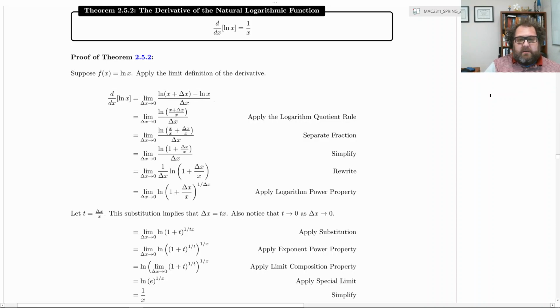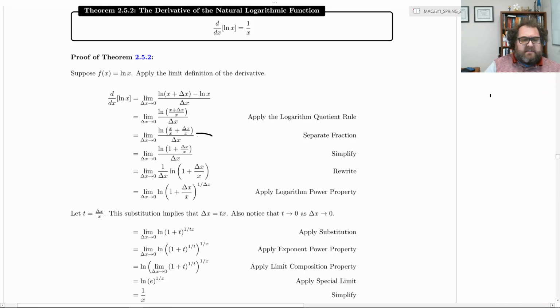Okay. Now, what's up next? We apply the logarithm quotient rule, the quotient property. This is what I was just referring to. This property says if you have the difference of two logarithms, same base of course, you can condense that into a single logarithm by taking the quotient of the two arguments. So here notice that we take the quotient of x plus delta x and x.